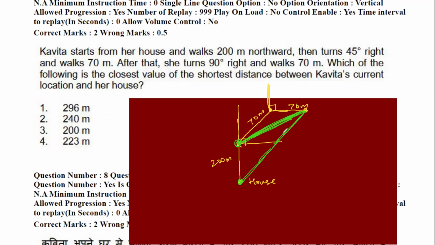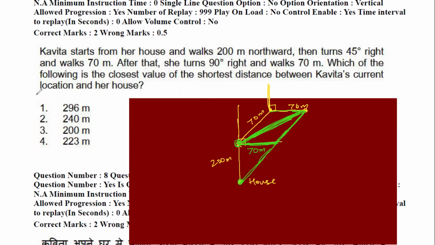Can you see this is a 70-meter out here, because it seems that it is more like a rhombus being formed, right?